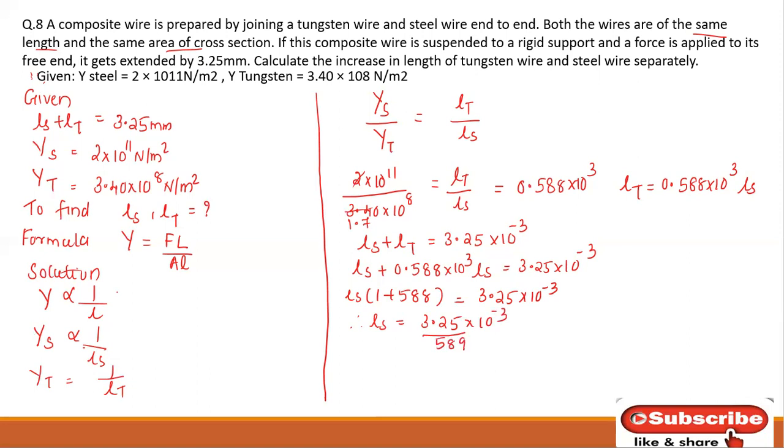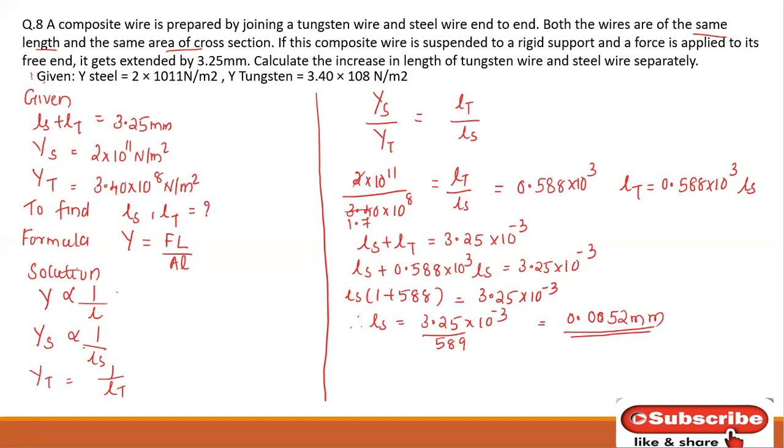On dividing with 589, we will get 0.0052 millimeters. So we got the value of LS.